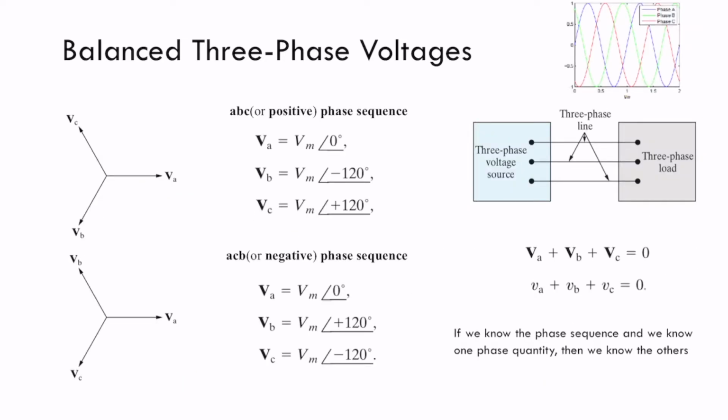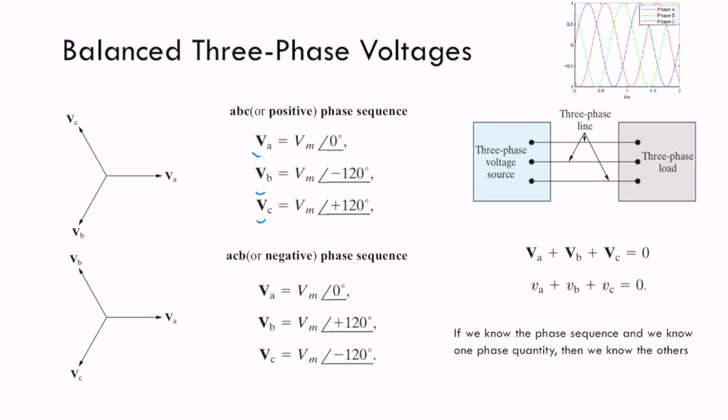We have some generator that can create these 3 signals. Typically it's only 1 generator, and they are represented by the phasors VA, VB, and VC. They typically use A, B, and C to define each of these phases.